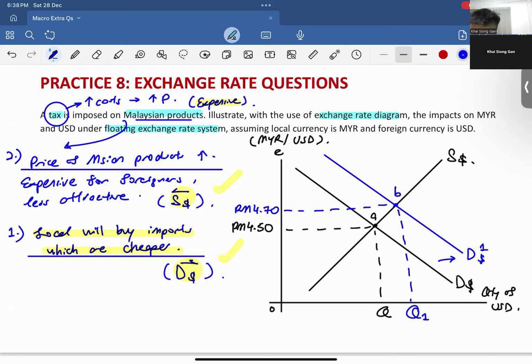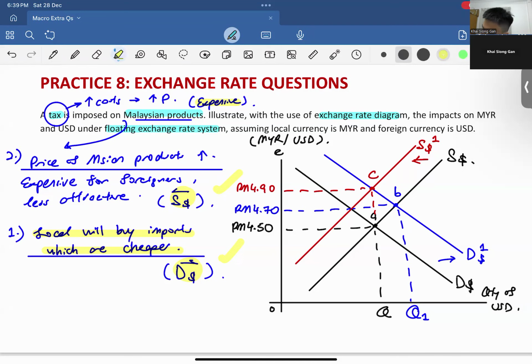Then supply decreases. Back to the initial quantity and now the rate becomes even higher.